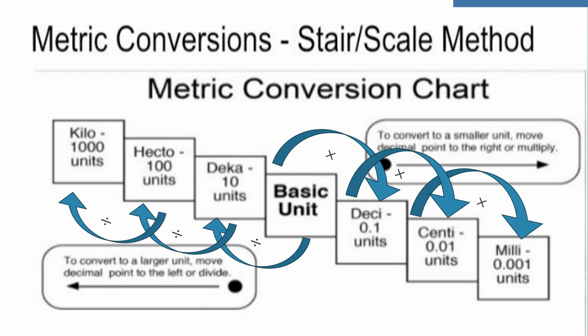Let's say how many liters are in 10 milliliters. I am moving from the milli all the way to the liter. So that's part of a whole or part of a large. So I am going backwards, therefore I'm going to be dividing, therefore I am going to be moving my decimal backwards.